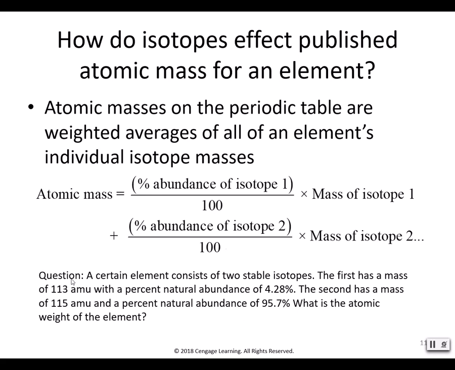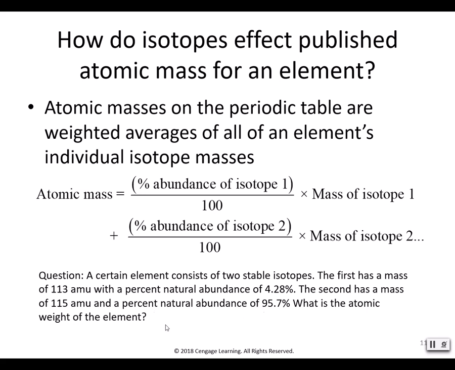So for example, in this question that we're going to work in the next slide, let's say we have a particular element that has 2 isotopes. So 2 different flavors. Same element, but 2 different flavors of it. First isotope has a mass of 113 AMU with a percent abundance of 4.28. Second isotope has a mass of 115, percent abundance of 95.7.